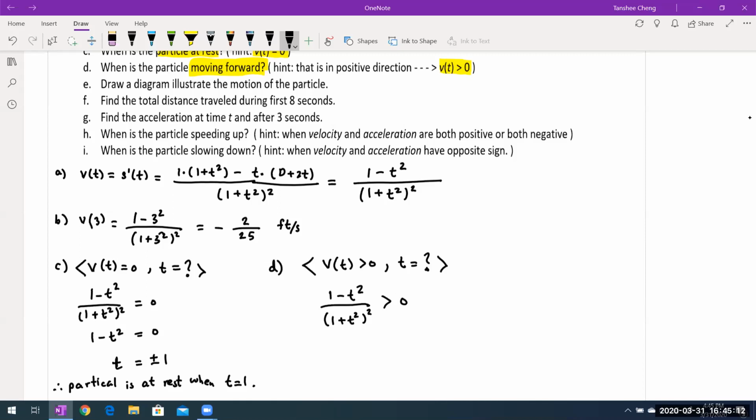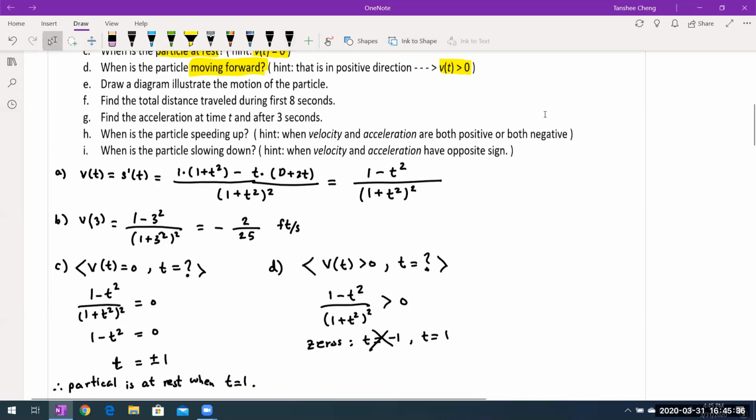We are solving a rational inequality here. We know the denominator can never be 0, and we already found the zero of this function: t equals negative 1 or t equals positive 1. And we already know that the negative is not applicable in this problem.